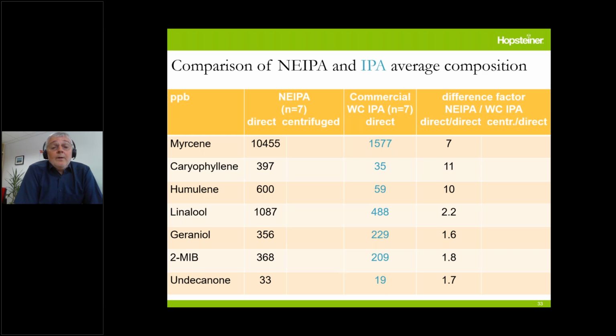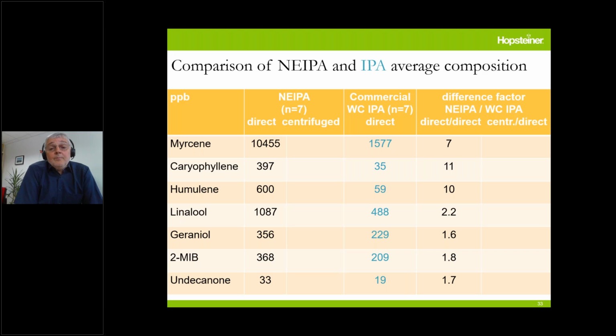At first, we compare the data on the directly analyzed New England IPAs, so with the haze, with the concentrations in the West Coast IPAs. And in the last column, I give the difference factor, so the concentration in the New England IPA divided by the concentration in the West Coast IPA.